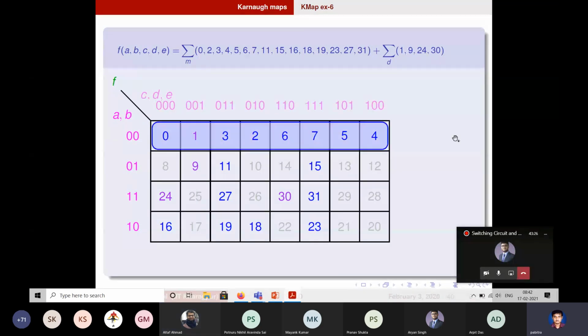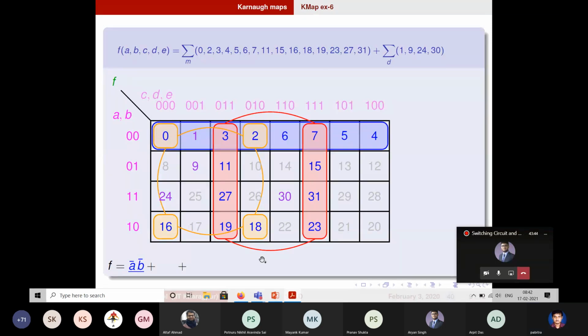So let me write. This is the first row, another 8-sided cube. This is 0, 2, 16, 18. So the first row is A bar, B bar.